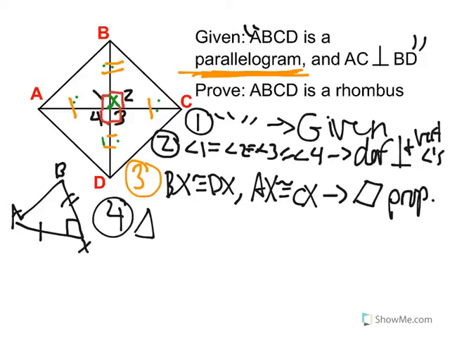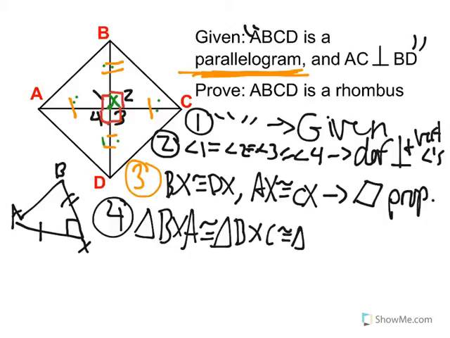So triangle BXA is congruent to triangle BXC is congruent to triangle DXC is congruent to triangle DXA. And they're all congruent by side angle side, SAS.